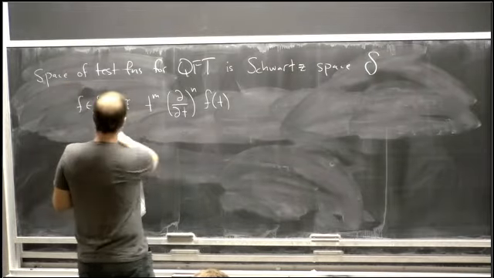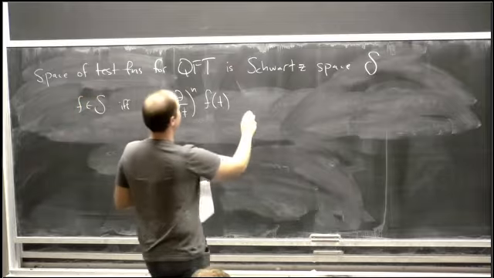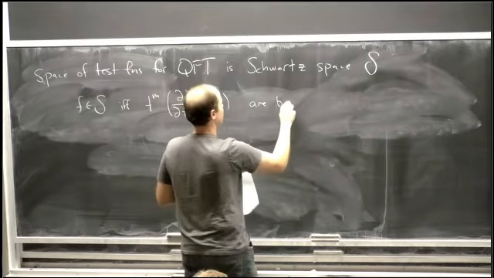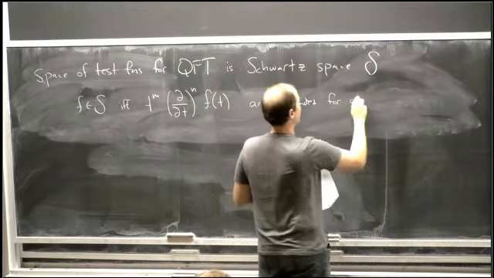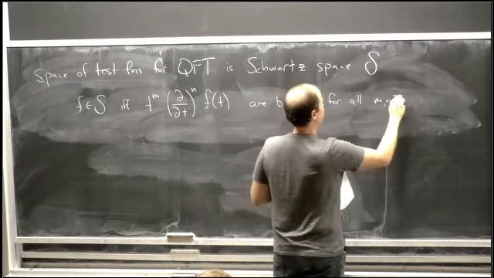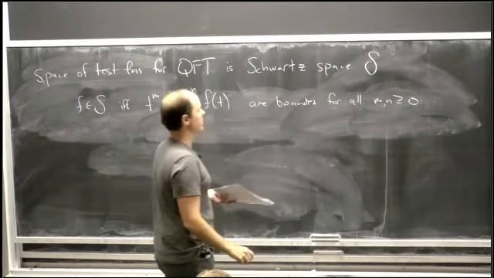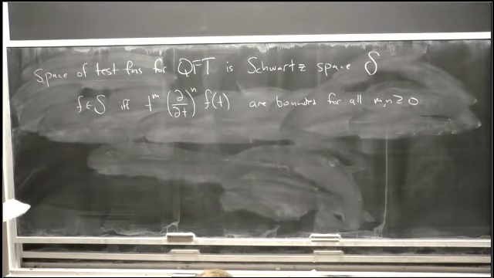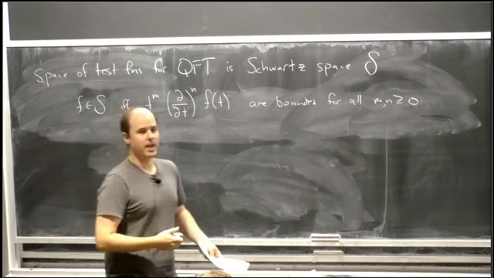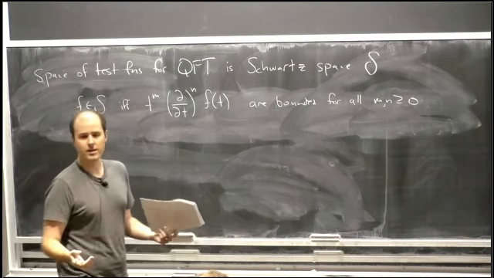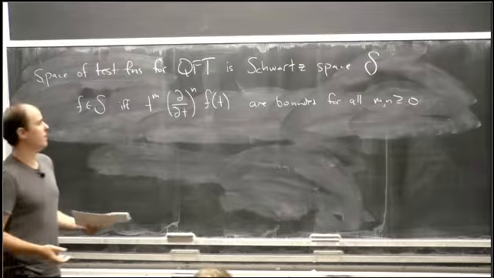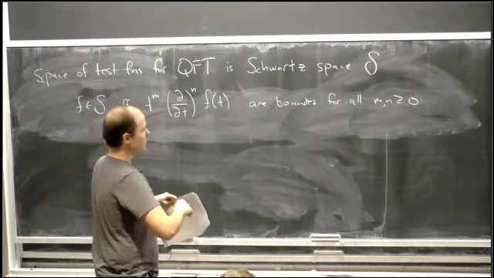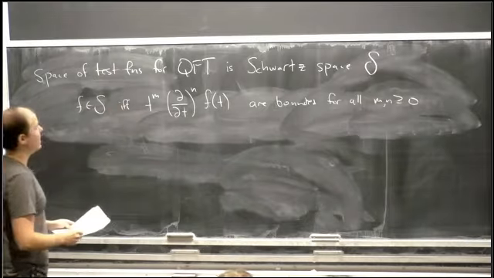So a function is in the Schwartz space if these quantities are bounded for all m and n greater than or equal to 0. Okay? So they can't have singularities, because if they had singularities, then the derivatives of those singularities would lead to something unbounded. So they're beautifully smooth and they decay to infinity.